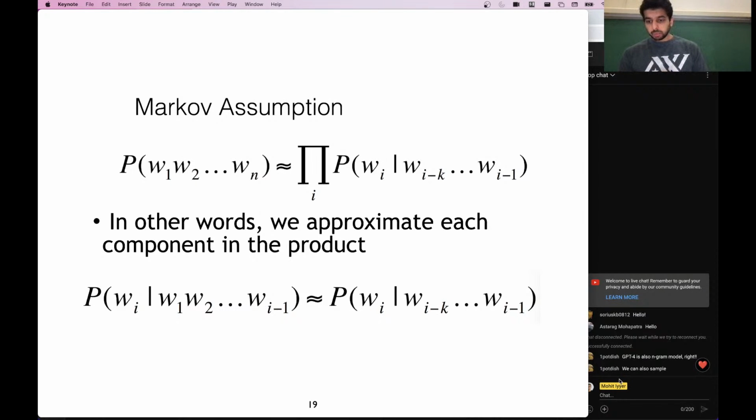However, as one person suggests, we could also sample from the distribution, right? So maybe, let's say, for instance, this is the probability of dog given I walked the. So maybe dog is the highest probability completion of the sentence I walked the, but there could also be some probability on pet or cat.